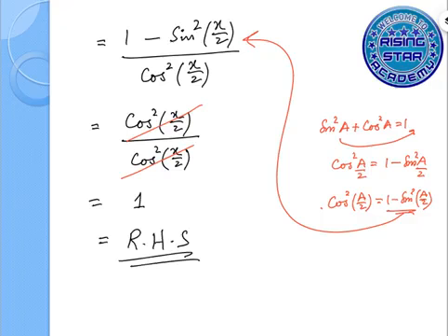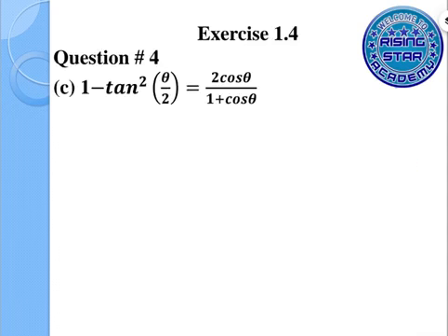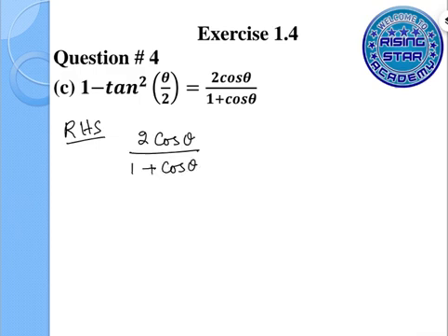Now we'll move to part C. In this part, we will take the right hand side to prove the left hand side. So we'll take the right hand side, 2 cos of theta over 1 plus cos of theta. We want to convert this value into half angle.